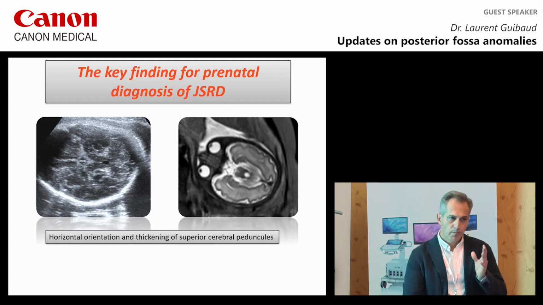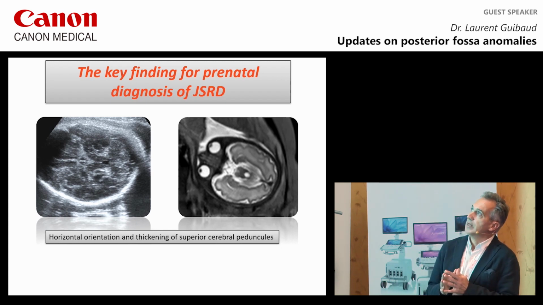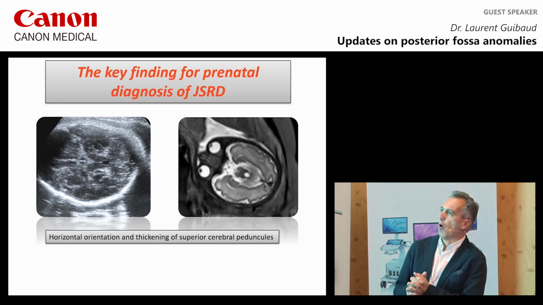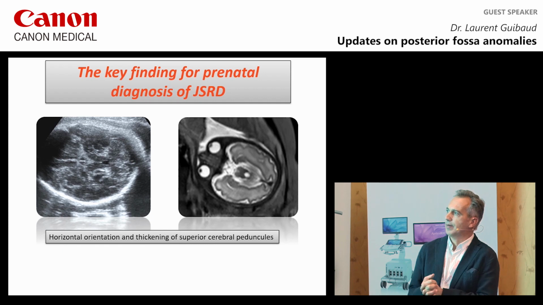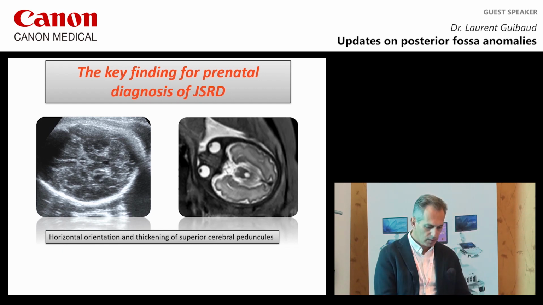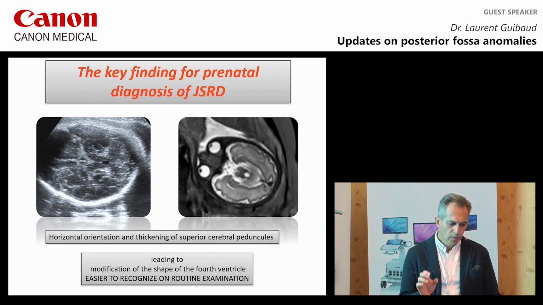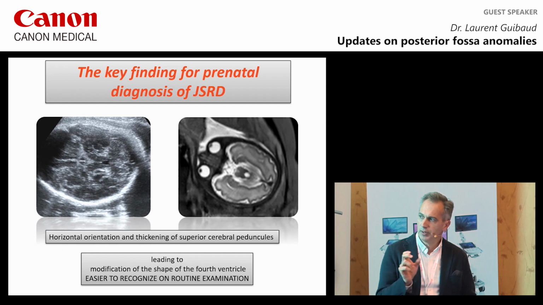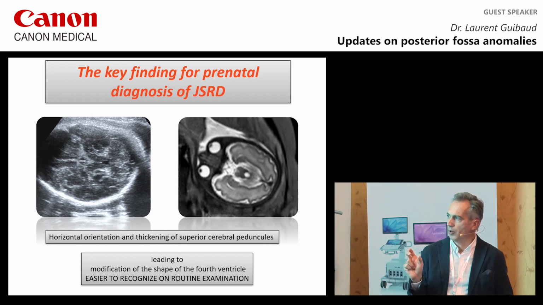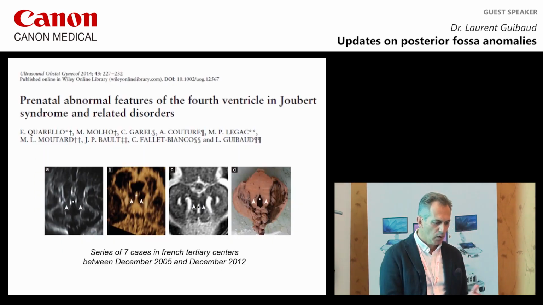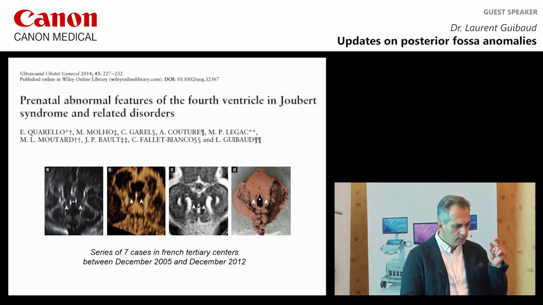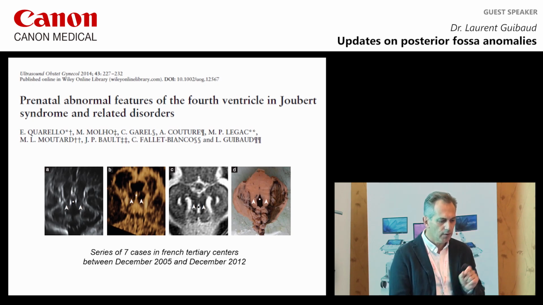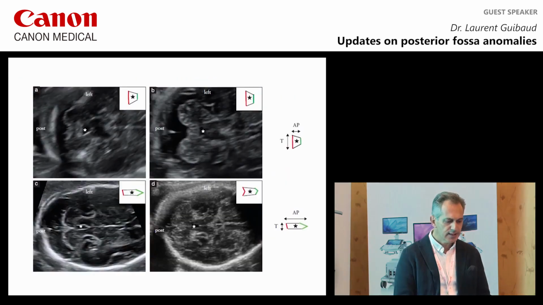So the main feature is the molar tooth sign, related to horizontal orientation and thickening of the superior cerebellar peduncles, which leads to modification of the shape of the fourth ventricle. This modification is easy to recognize on routine examination. We published this article on the specificity of the changes of the shape of the fourth ventricle, and this is summarized here.